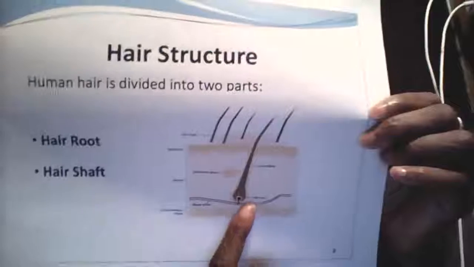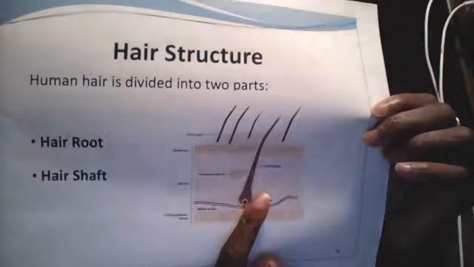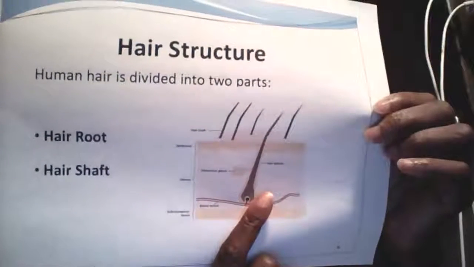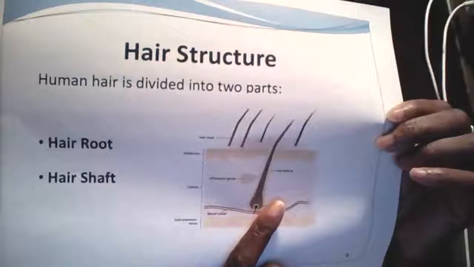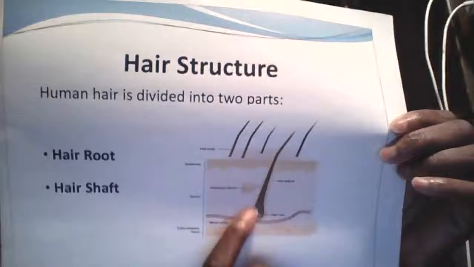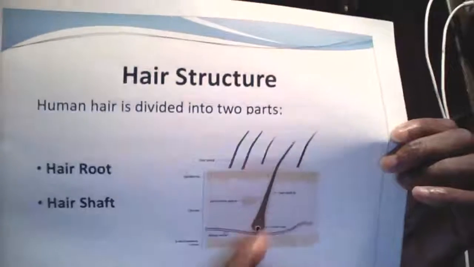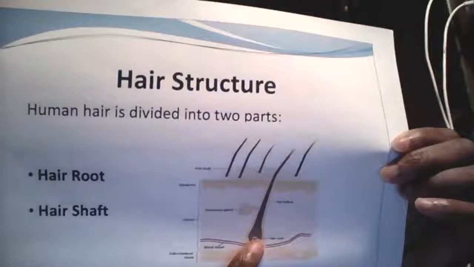Let me show you where the hair root is. The bulb is here. See if you can see my finger. It actually looks like a bulb. See how it's shaped right here? Then there's the hair root right here.